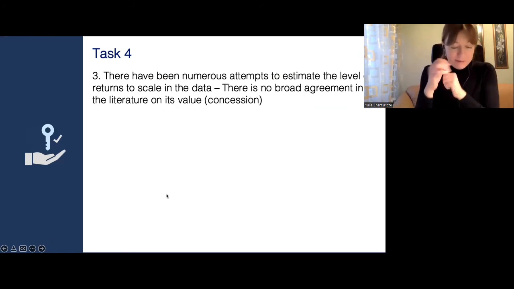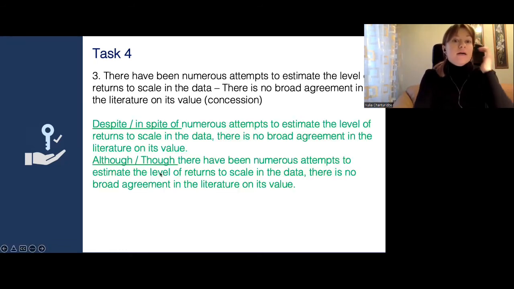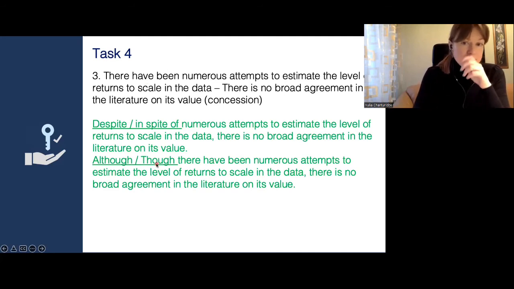In sentence 3, with concession, I have the same versions as you do. Although and though are possible. Just again, please don't forget that after the part with although or though, we use a comma.